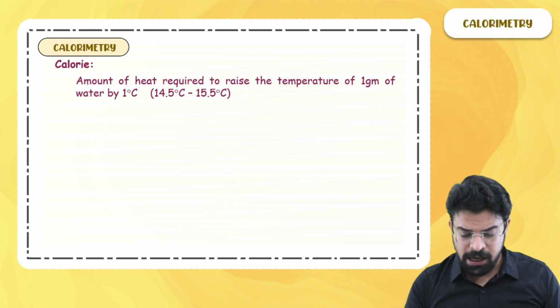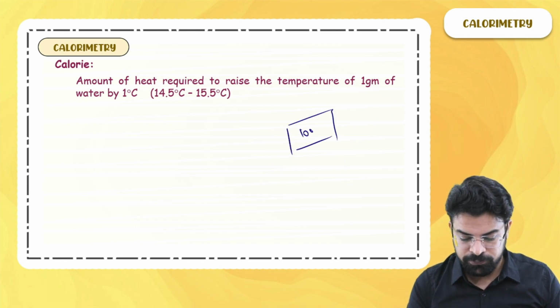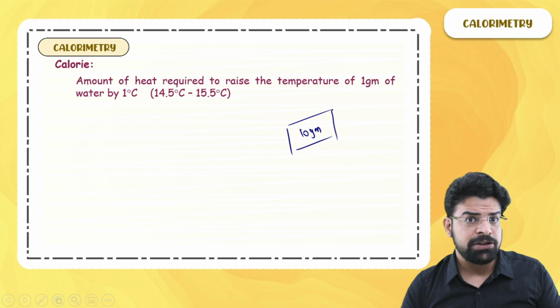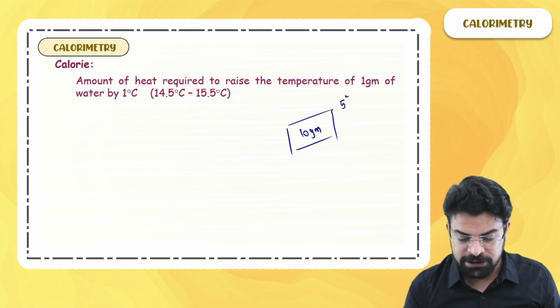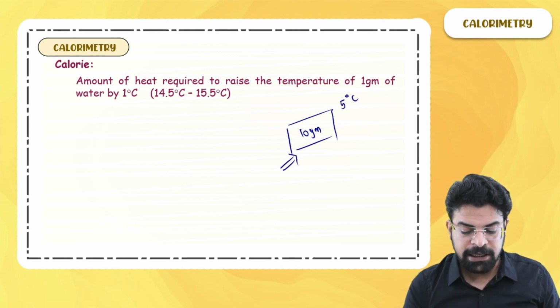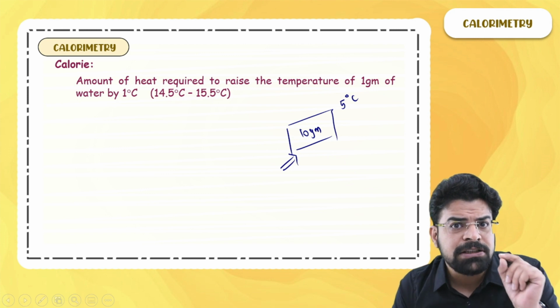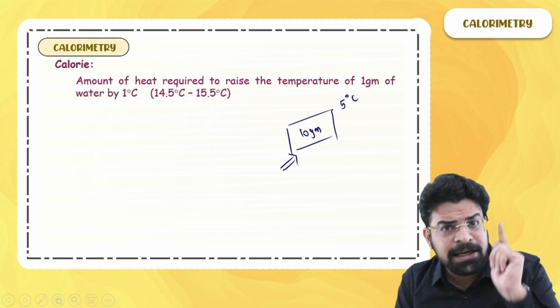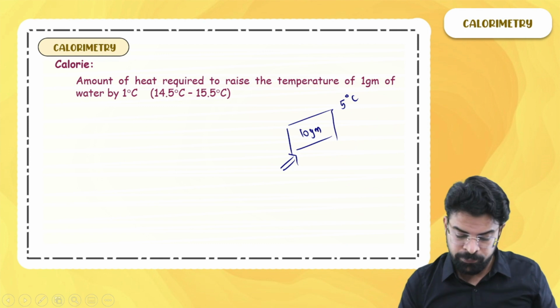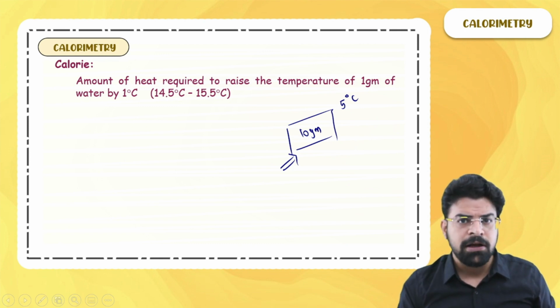Similarly, if I ask you, you have got 10 gram of water, and now you wish to increase the temperature of this 10 gram of water by 5 degrees centigrade. Tell me how much heat has to be provided. So as to increase the temperature of each gram of water by each degree centigrade, you have to give 1 calorie. You don't have 1 gram of water here, you have 10 gram.